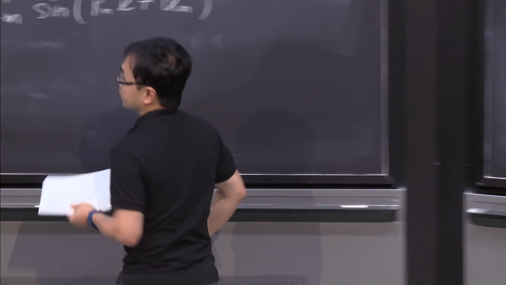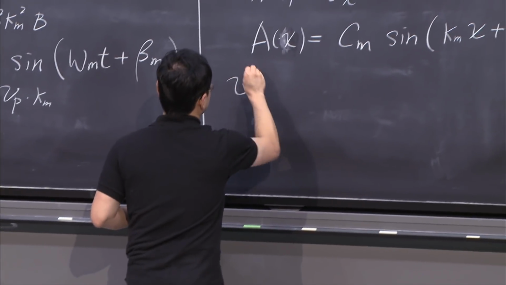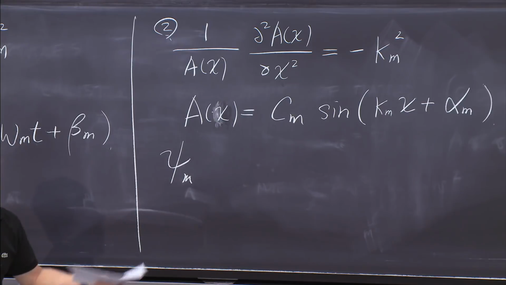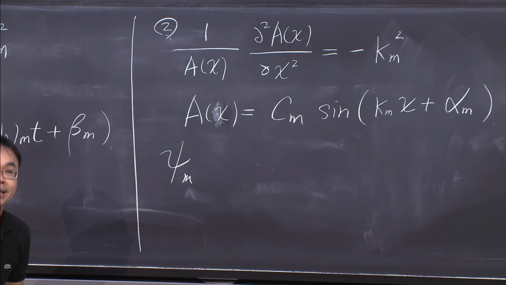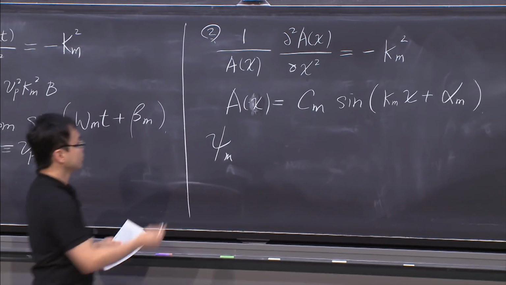Therefore, I would like to write the corresponding psi, which is the wave function, labeled by n. N is just a label of which k I was using. Nothing fancy, it's just a label.